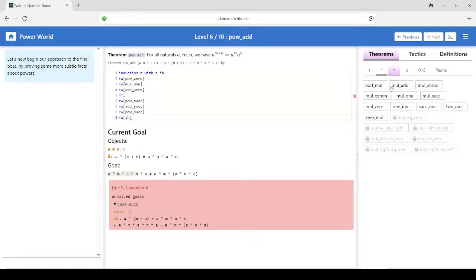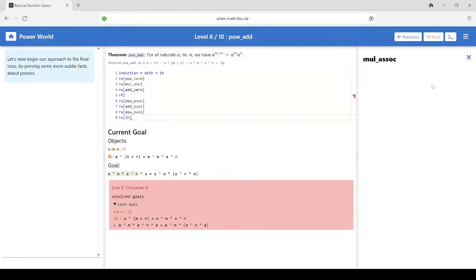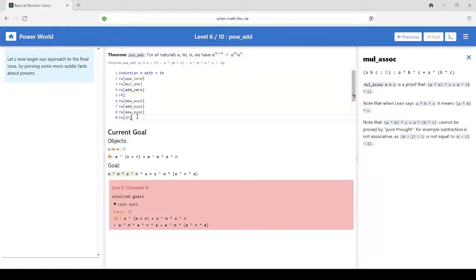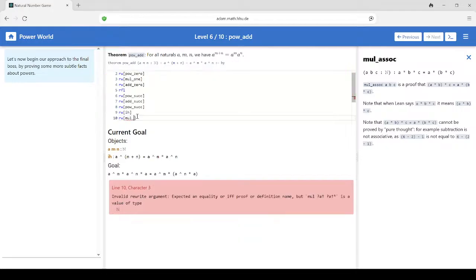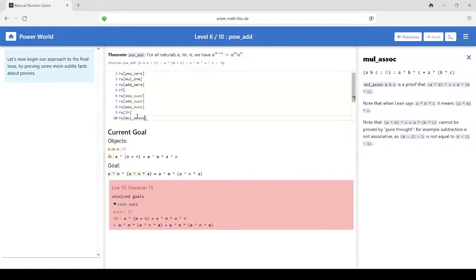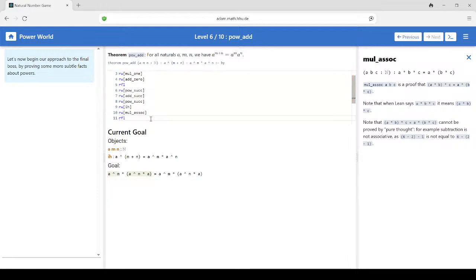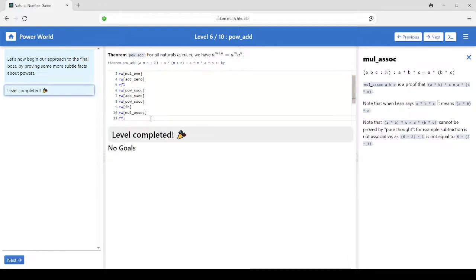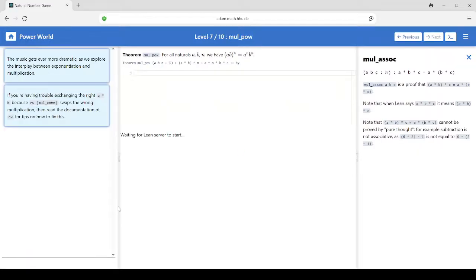We want to get rid of the parentheses. We can get rid of the parentheses like this, right? Or we can add parentheses. That works too. Yes! We did it. Yes, yes, yes, yes, yes.